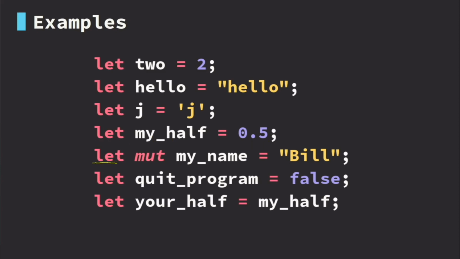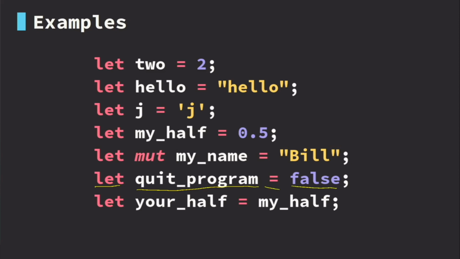Next, we have let a mutable variable named my_name be assigned the value of Bill. So again, we have another string. This time, however, we have a mutable variable. So this variable my_name can be assigned a different value later. So right now, it has the value of Bill, but later on we can change it to a different name. Let quit_program be assigned the value of false.